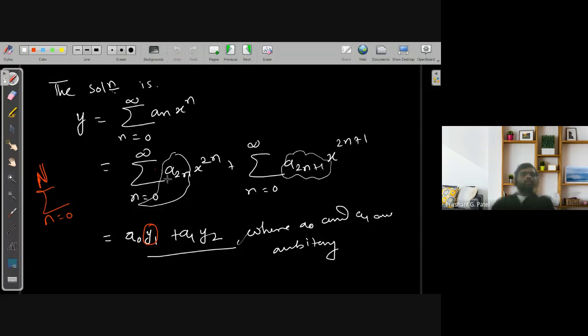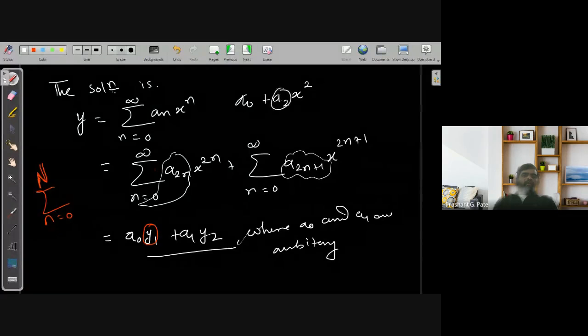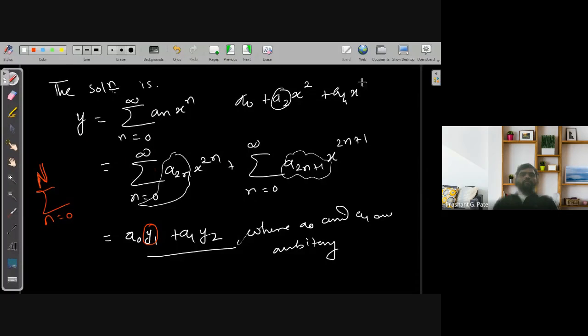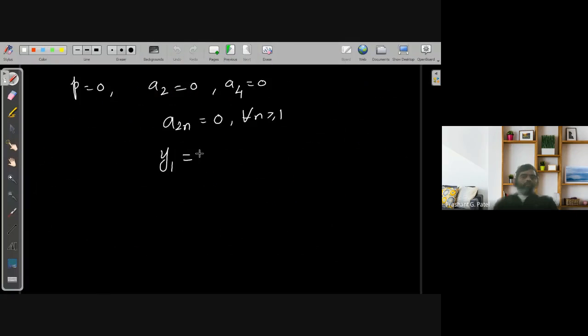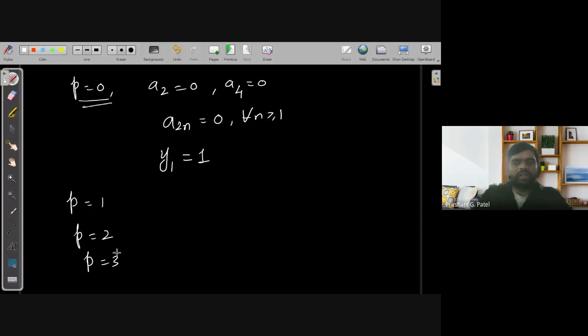For n equal to 0 it is a0, then a2 x square, but a2 is 0, a4 x power 4, all the terms having a2, a4 are 0, only a0 is left. So what is the value of y1? It is 1. So that is the constant polynomial for p equal to 0. In similar manner, I want the polynomial for p equal to 1, p equal to 2 and p equal to 3. I will give you 5 minutes to calculate this.